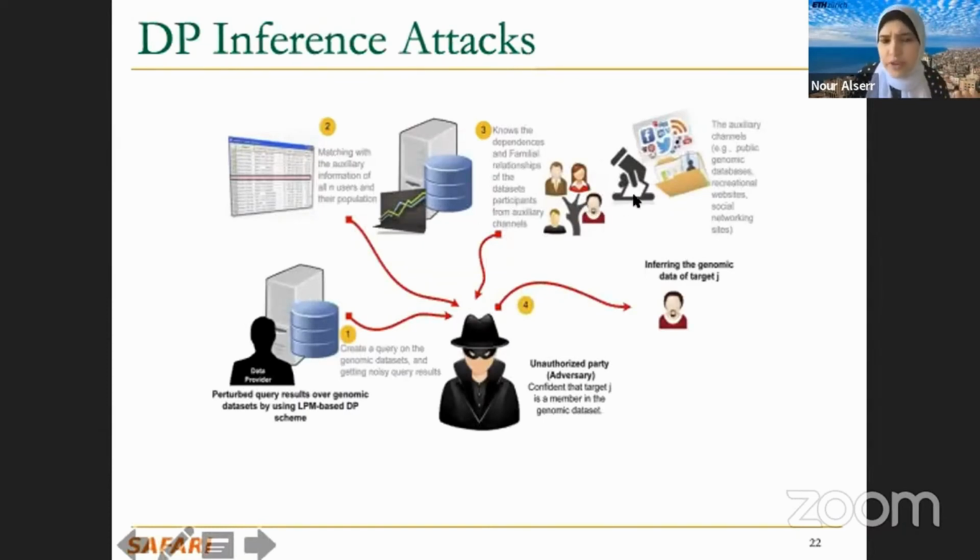He could know that from some side channel leaks, like social media. Maybe it is a targeted attack in which he knows that these family members are participating in that data set. So using this information, that the family members are included, plus the sum query, he could infer.